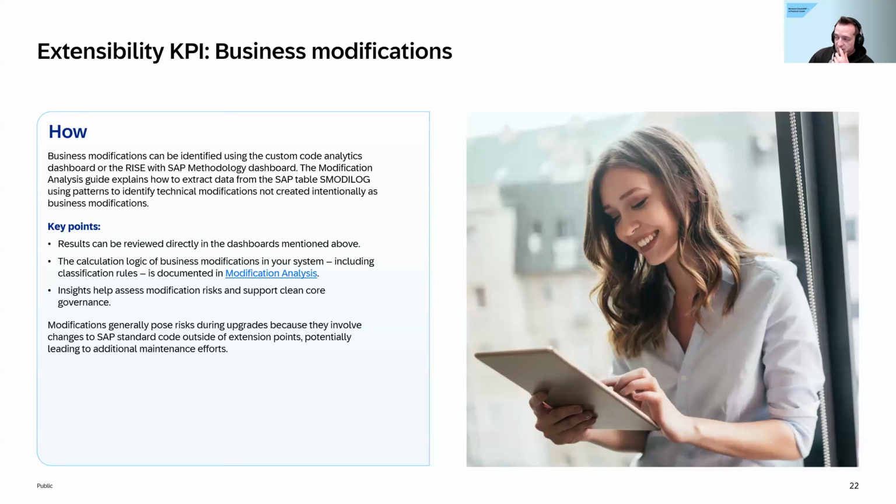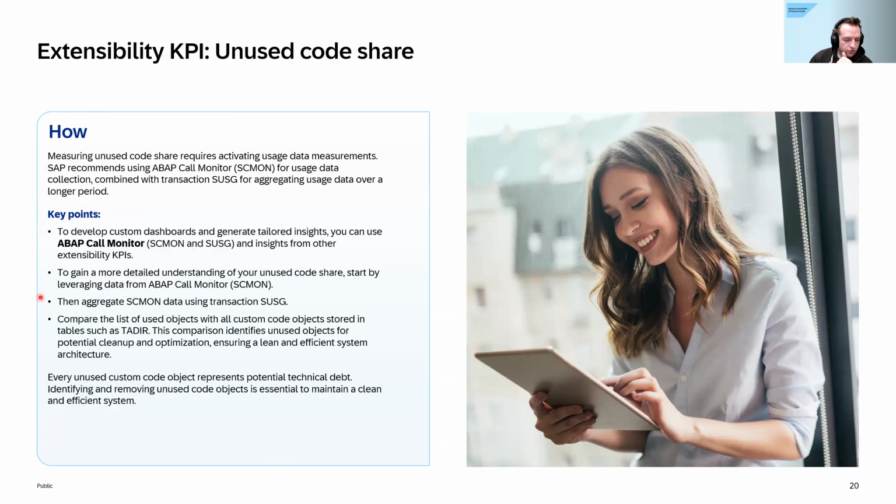Another number that is in there and that makes sense is the unused code share. And how is this done? Basically, the central tool for that is the ABAP Call Monitor, SCMon. And there is a transaction to do this kind of aggregation. This transaction is called SUSG or SUSGE, whatever you want to call it.